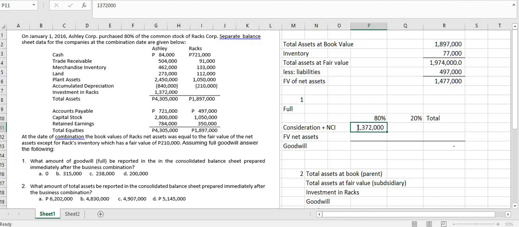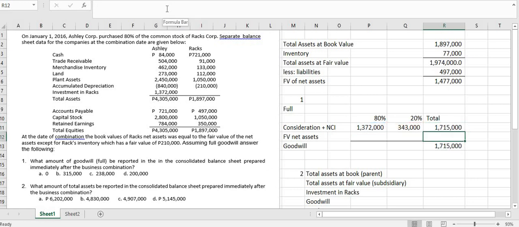To estimate the fair value of the non-controlling interest, 1,372,000 divided by 80%, then multiply by 20%, to get the assumed fair value of our non-controlling interest. So the sum of the consideration transferred and the non-controlling interest is 1,715,000.